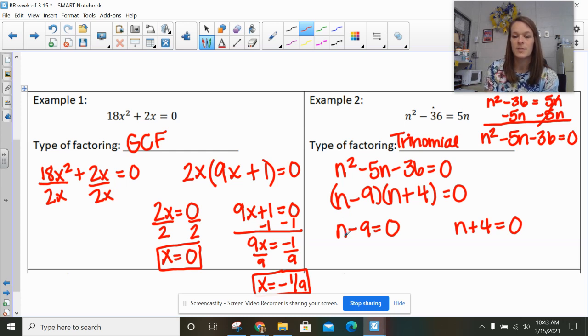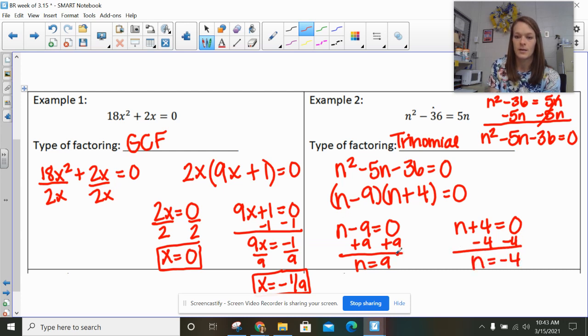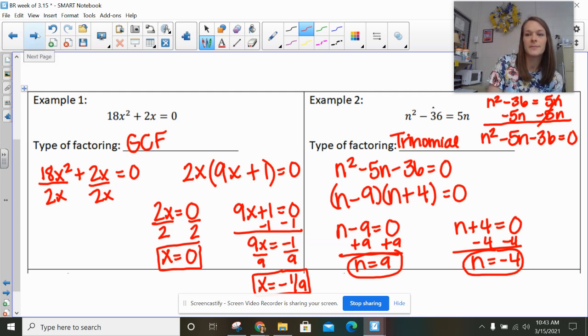In order to solve this for n, you add 9. So n equals 9, and over here you would subtract 4, and n would equal negative 4. And those are your two answers for this one. Okay, let's look at example 3.